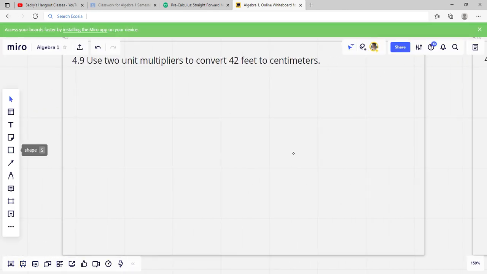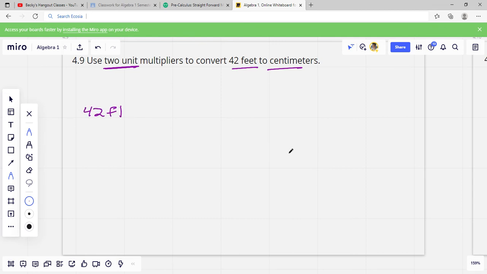Alright, use 2 unit multipliers to convert 42 feet to centimeters. Okay, so we need 2 unit multipliers. So we've got 42 feet, and we're going to put that over 1. Now, I got to get to centimeters, but I don't know feet to centimeters. I do know feet to inches. I know that there are 12 feet in 1 inch. Okay, and I put my feet on the bottom so they would cancel. Now I know there are 2.54 inches in 1 centimeter.